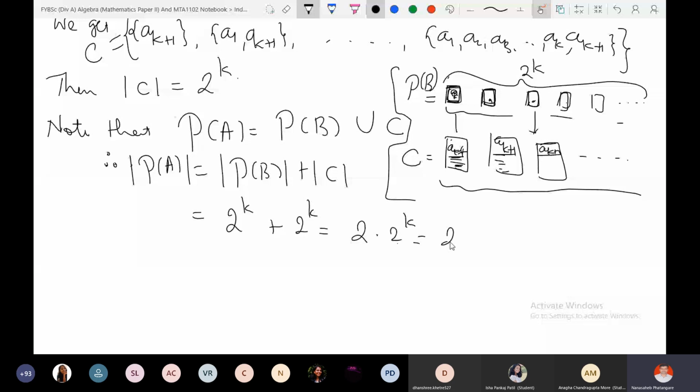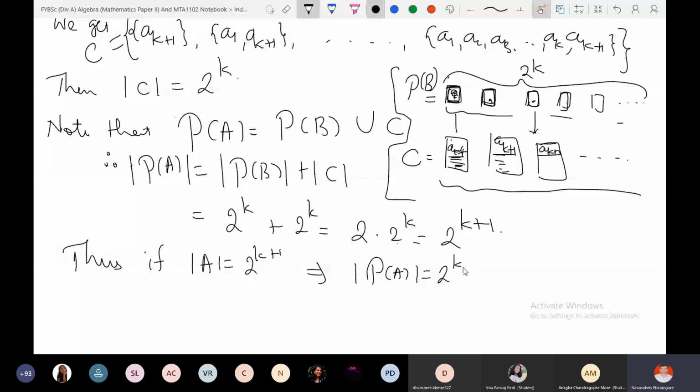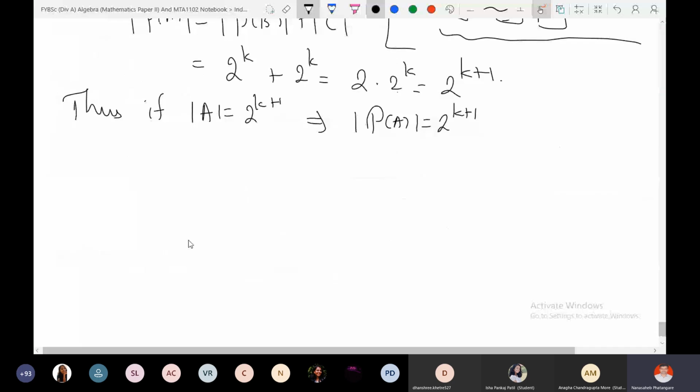So that is what we wanted to prove. Thus, what we have proved is, if the cardinality of A is k plus 1, then the cardinality of the power set of A is 2 raised to k plus 1.